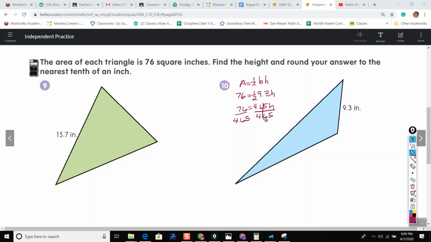So this becomes our 1, and then h is equal to 16.3. Okay?